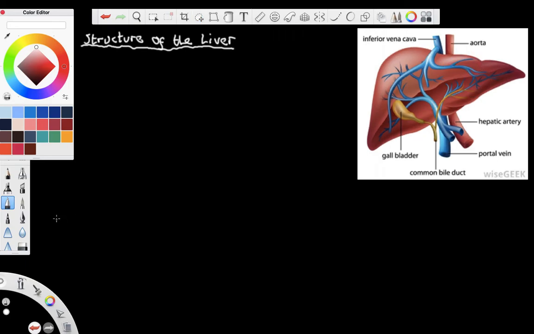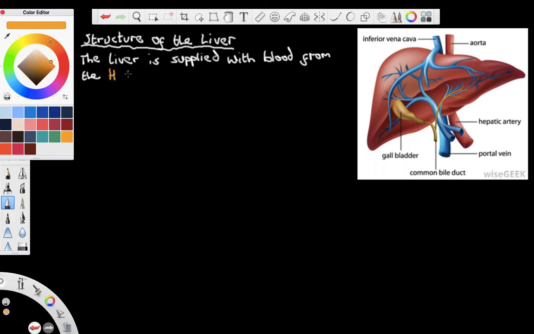And we can say that the liver is supplied with blood from the hepatic artery, which supplies oxygen or brings oxygenated blood.